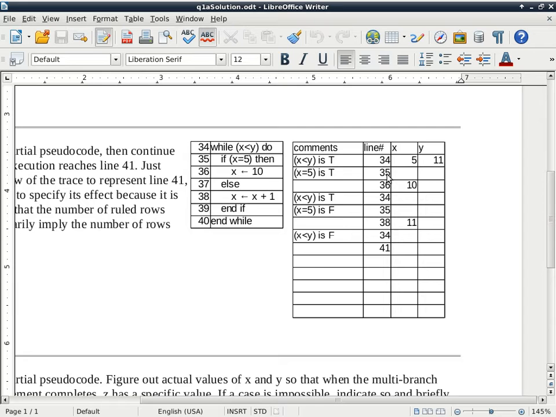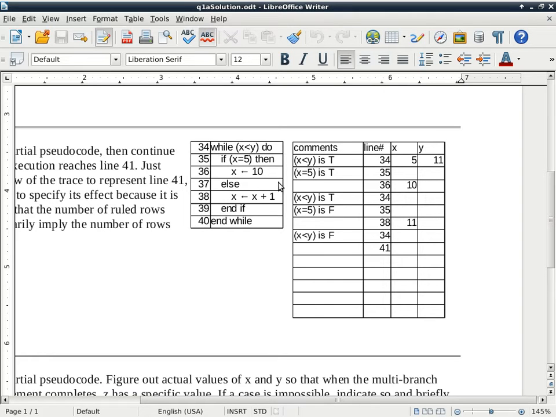On line 35, we have to evaluate the condition x equals 5. In the first iteration, x does equal 5, so x equals 5 is true. When the condition is true, we have to go to the then branch, which is on line 36. Line 36 is just changing the value of x to 10. And then after that, we have nothing else to do in the loop.